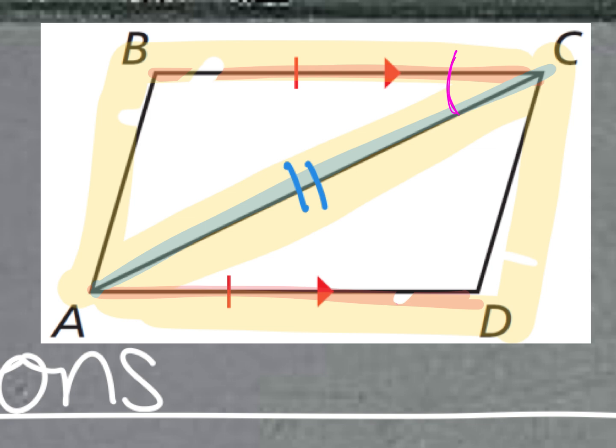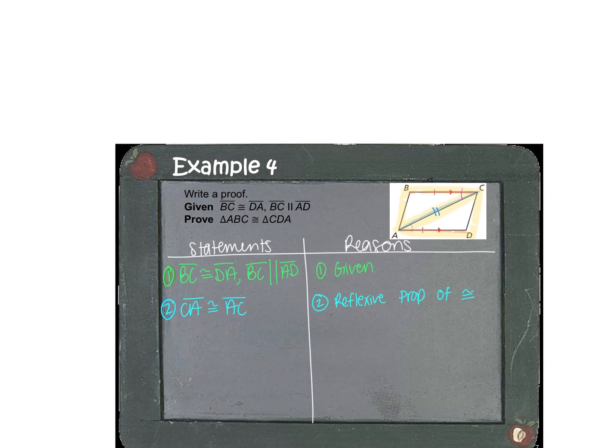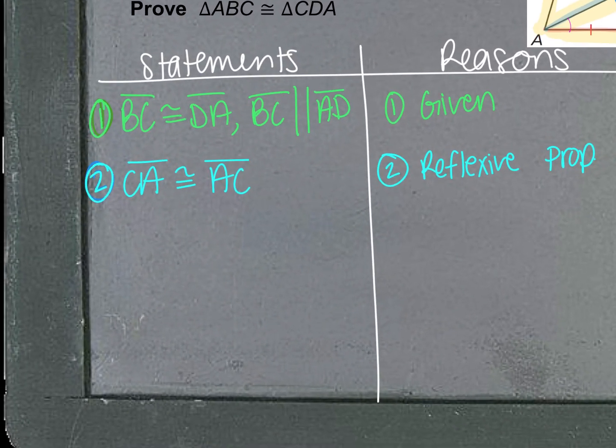Okay, if I'm going from side 1 to side 2, I have to follow the same pattern. So BCA, and then what would the other one be? DAC. So what do I know about these two? That they're going to be congruent. How do I know that these are going to be congruent? So angle D, what did we say?